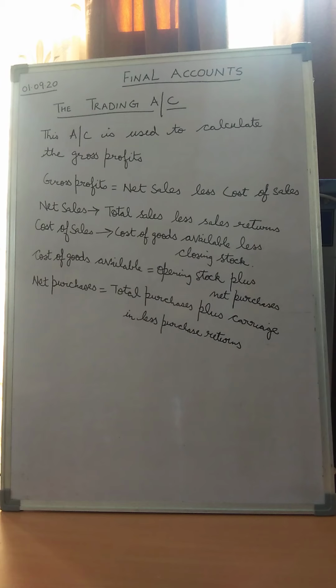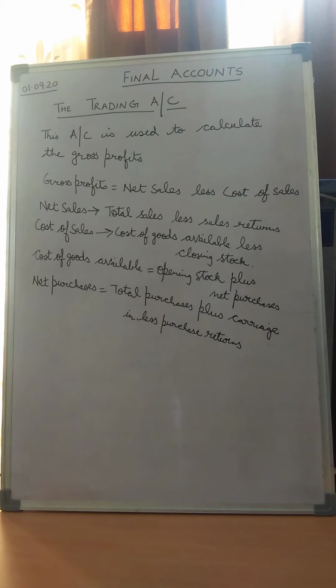Gross profit or gross loss, children, is the difference between actual sales proceeds and the cost of goods sold, including direct expenses. So we can say, children, gross profit is equal to net sales minus COGS plus direct production expenses.